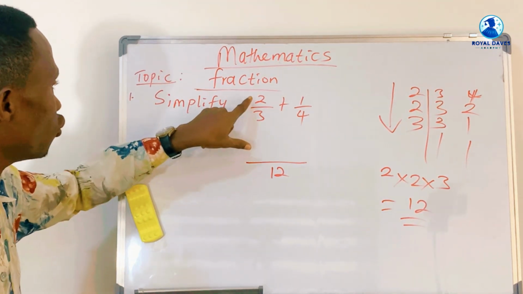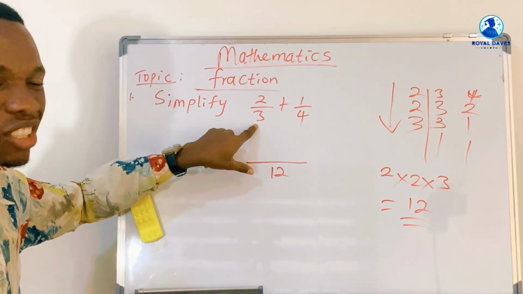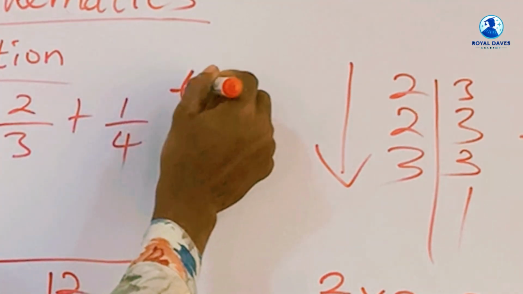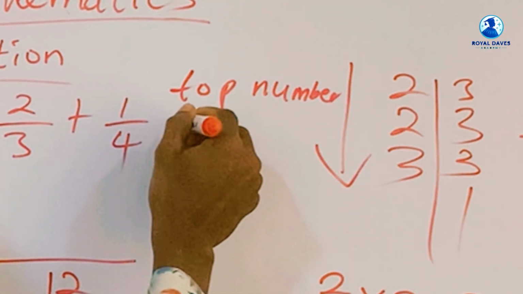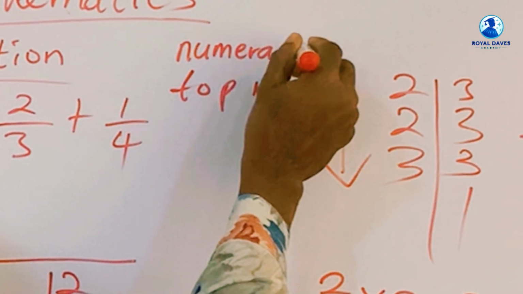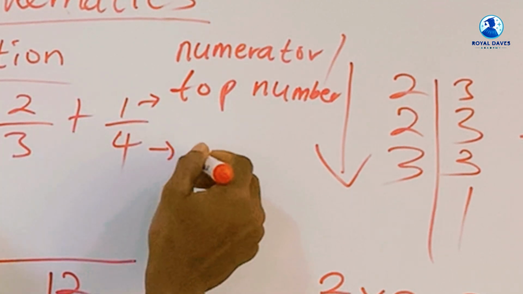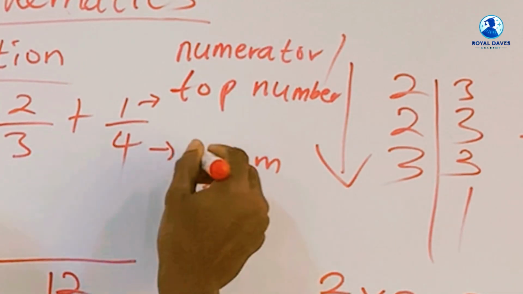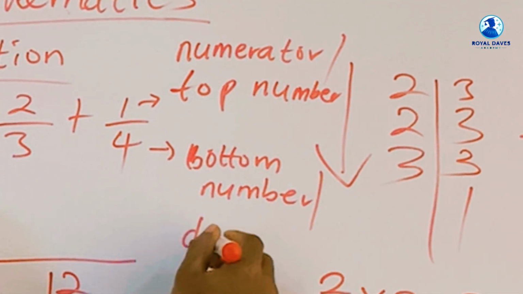It's either you call it numerator or top number, or you call it denominator or bottom number.